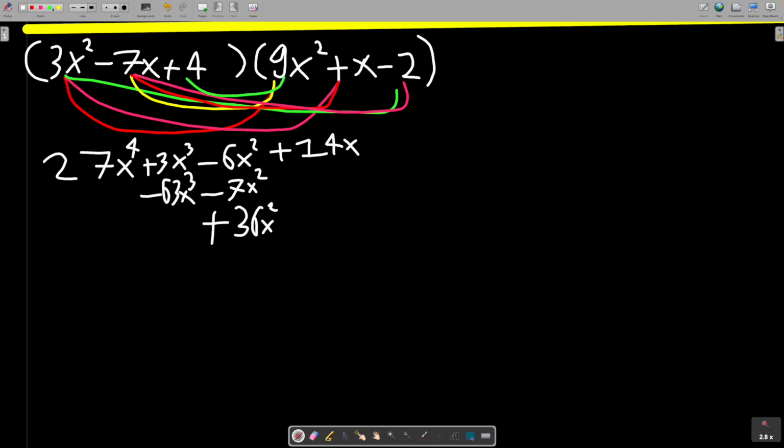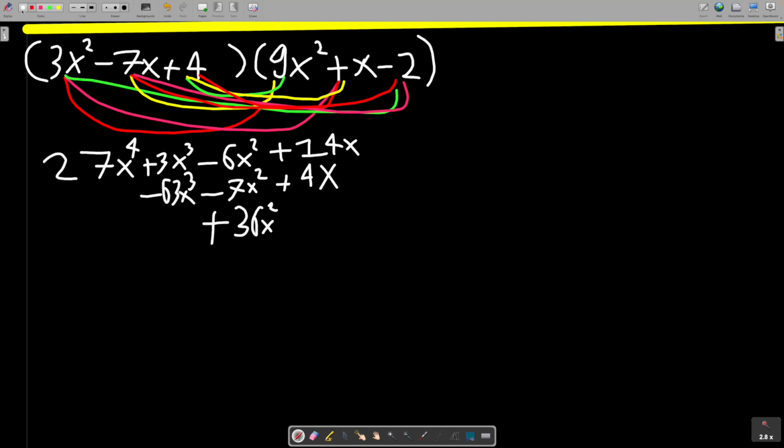And after this, we'll have 4 times 9x squared, and then 4 times x, which is positive 4x. And then the last one is 4 times negative 2, and that is equal to negative 8.